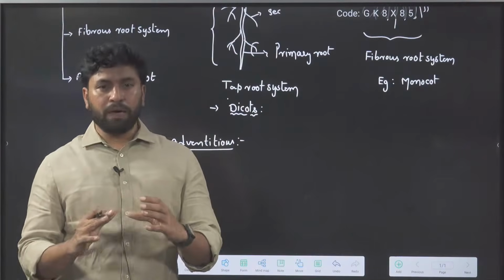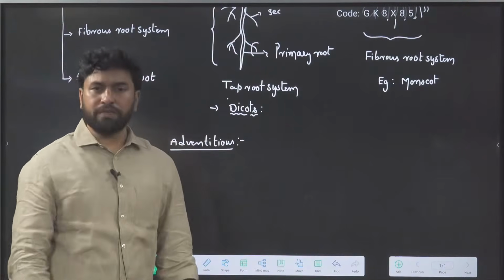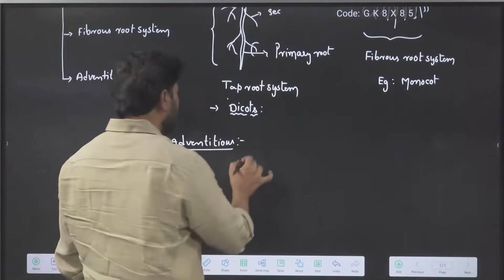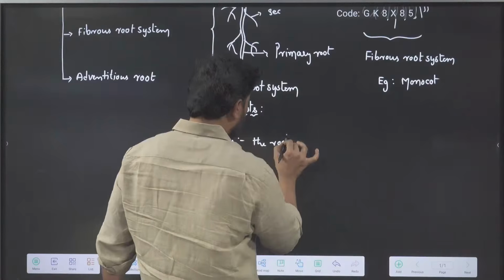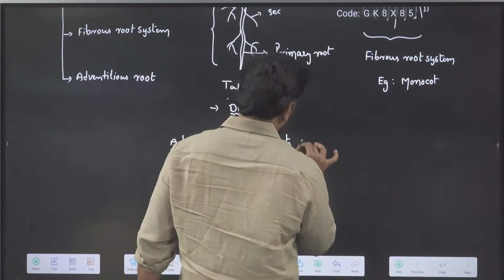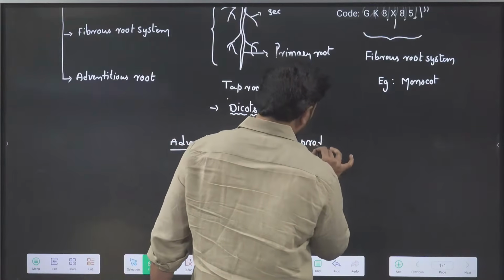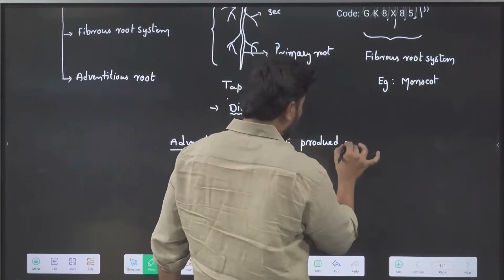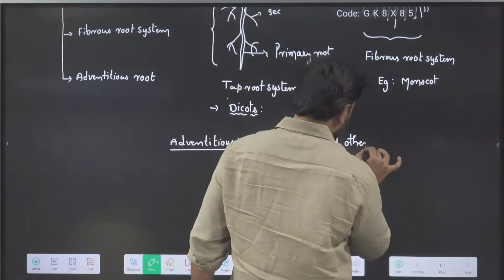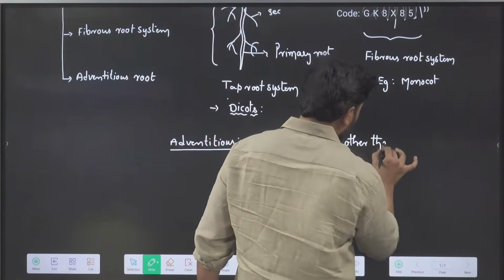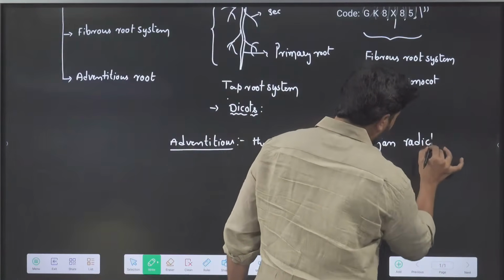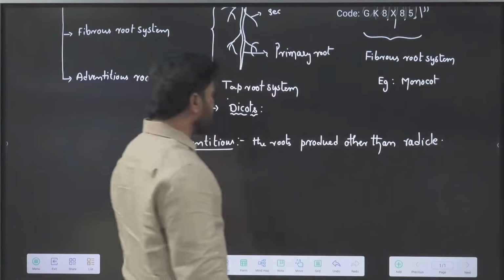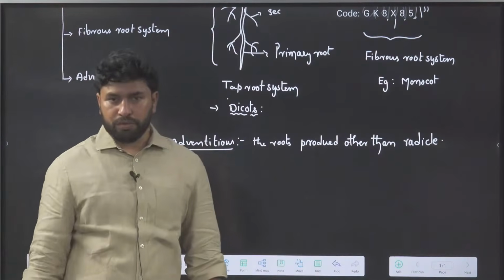Adventitious, unplanned. The definition for adventitious roots: the roots that are produced other than from the radical. Such kind of roots are called adventitious roots.